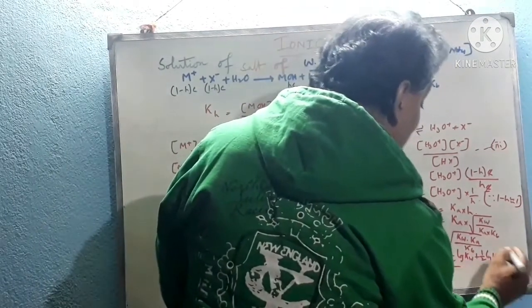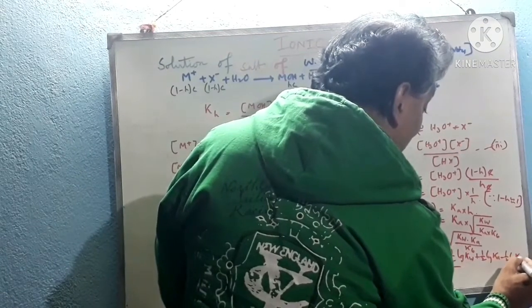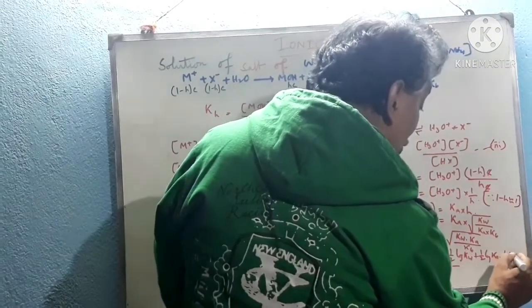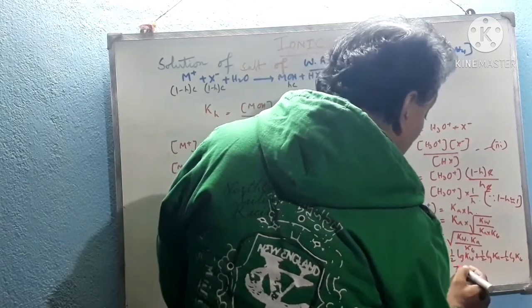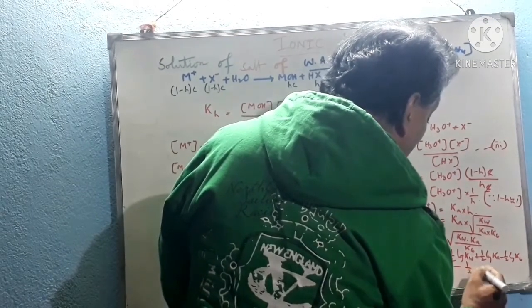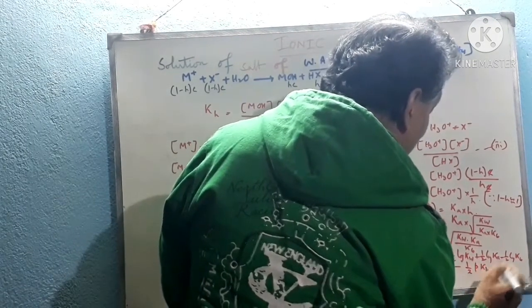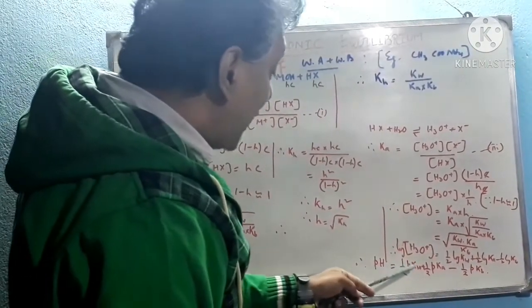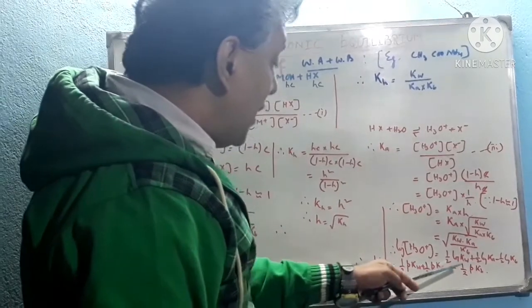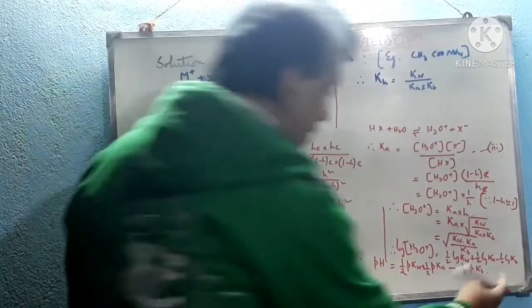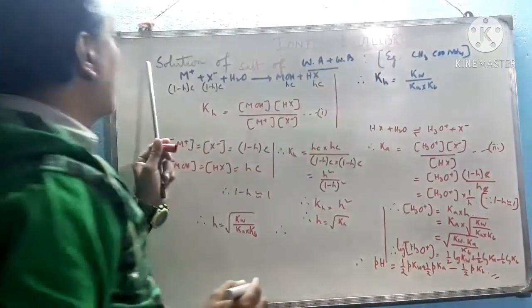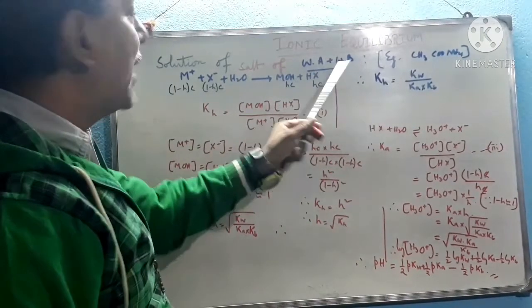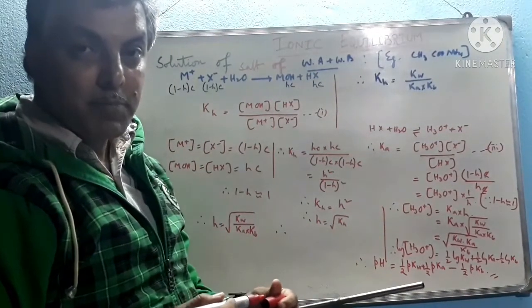Minus log Kb means pKb, so it becomes minus half pKb. So the expression becomes pH equals half pKw plus half pKa minus half pKb. This is the expression for the hydrolysis of the solution of the salt of weak acid and weak base.